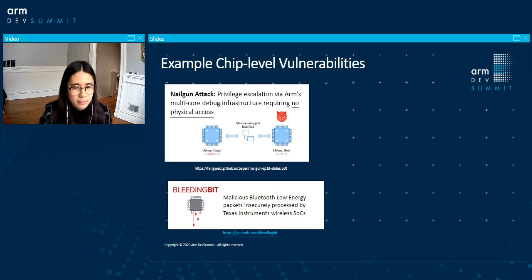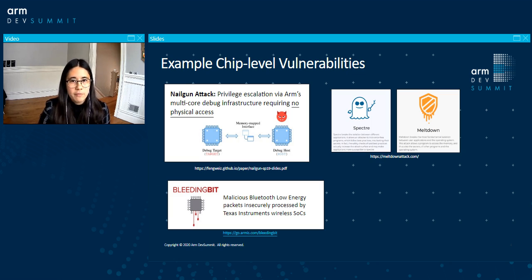Bleeding bit is a great example of why firmware security is important, and firmware is the software that is at the lowest level closest to the hardware, and the security of firmware has a great impact on the overall security of the entire system. You have Meltdown and Spectre, which have shown us that complex features added into designs for performance reasons, such as speculative execution, out-of-order execution, and caching, can often open up new avenues of attack.